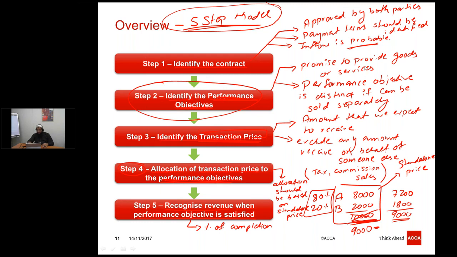Okay, so step 5 is basically that whenever we are completing the promise, recognize the revenue. So for example, if ACCA would have charged you for this session, $50 for 5 sessions, let's suppose, a rough value, $50 per student for 5 sessions.